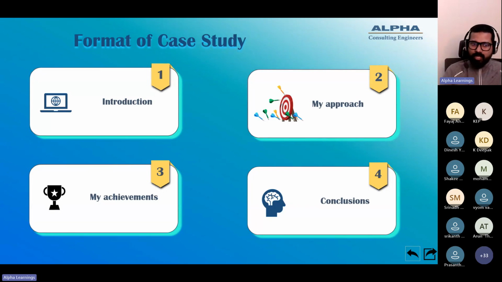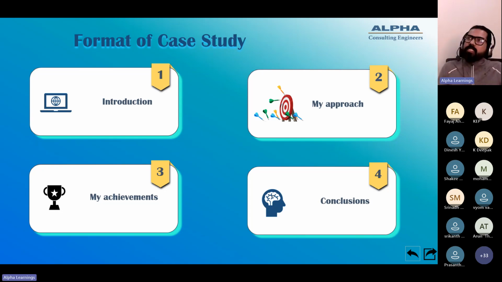Okay. The third one is my achievement. In my achievement, they will write how they have implemented the selected option. They must have advised on a particular option to mitigate the challenge. Now, how was that advice implemented in the project?